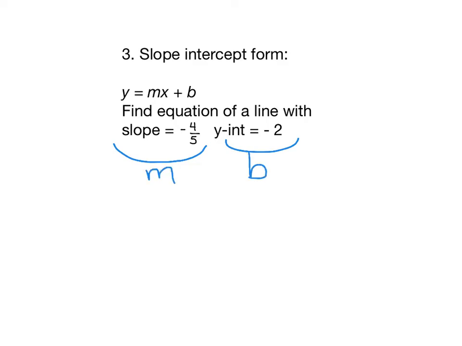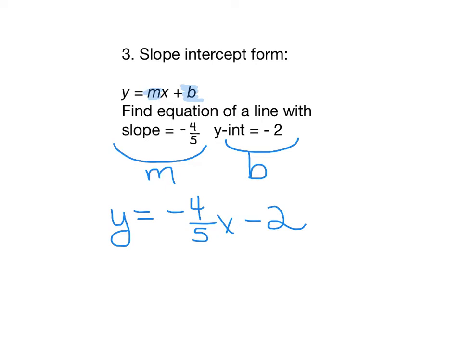So all you need to do is take out the letter m and take out the letter b. And then that would be already in slope-intercept form for you. So y equals negative 4 over 5x minus 2. That would be slope-intercept form.